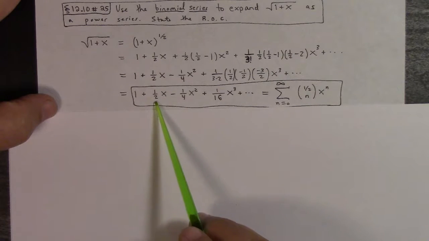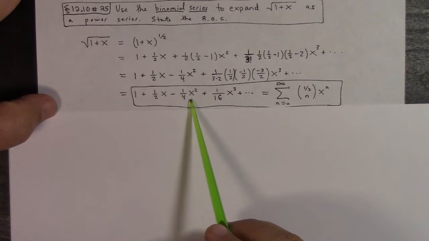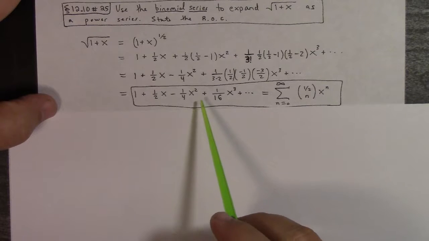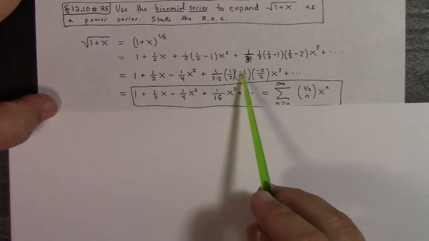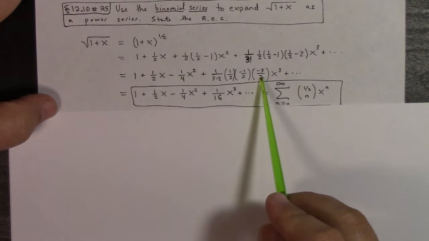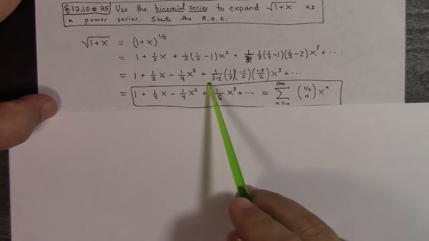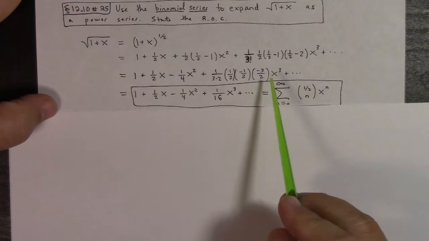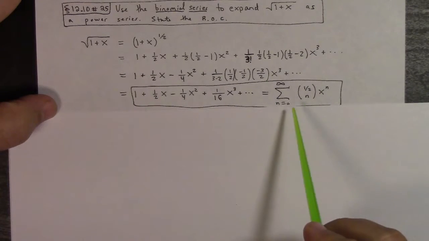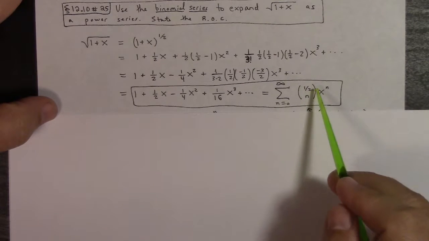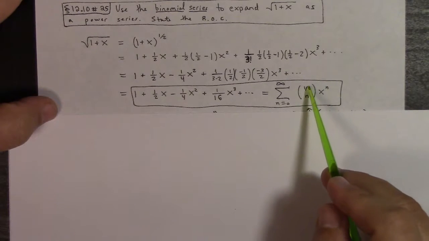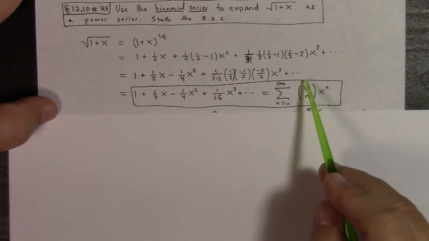1 plus 1/2 x minus 1/4 x squared plus 1/16 x cubed, because this ends up being a 3, and the 2 times 2 times 2 is 8. The 3's cancel, we get 2 times 2 times 2, 2 to the 4th, which is 16. And then, of course, we could write it more generally, if you're willing to use this notation, as I am apparently, 1/2 choose n. Although that, again, I really shouldn't say that.